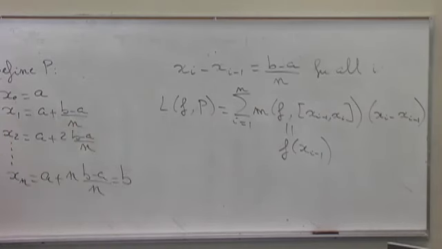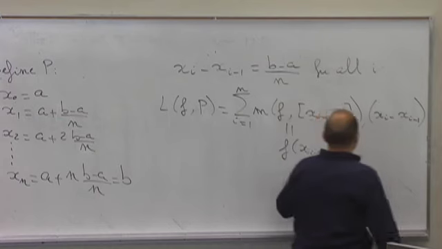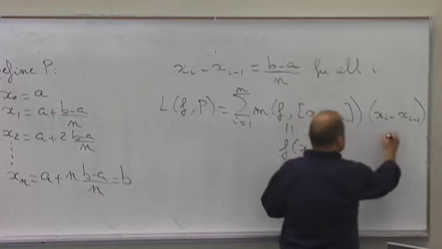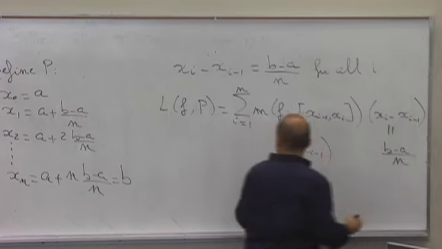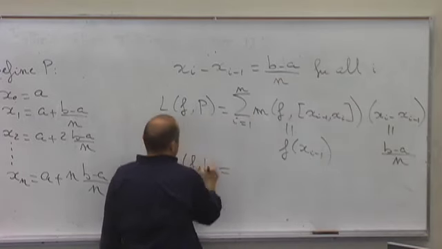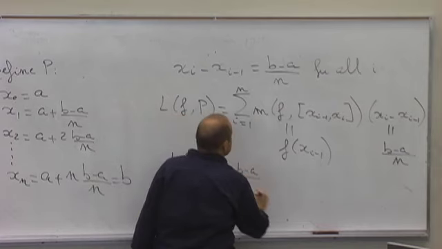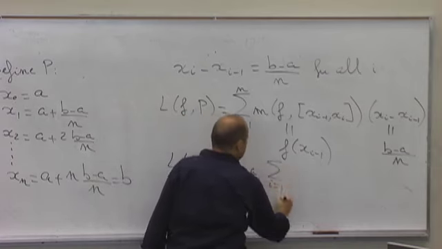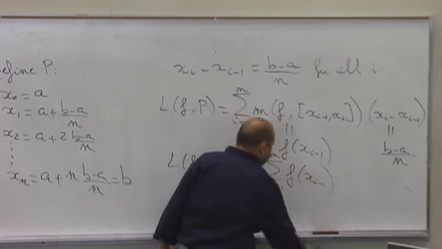We can explicitly compute our lowercase m and our uppercase M in this case. Now this delta x we say is (b minus a) over n. So our lower sum L(f,P) is (b minus a) over n times the sum from i equal 1 to n of f of xi minus 1.